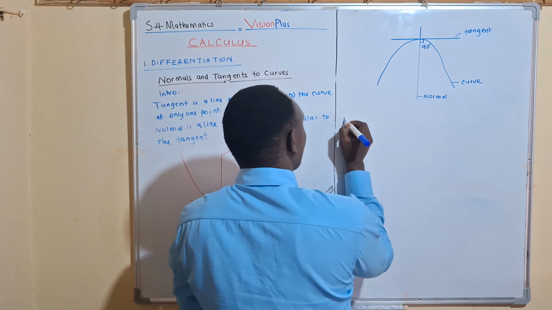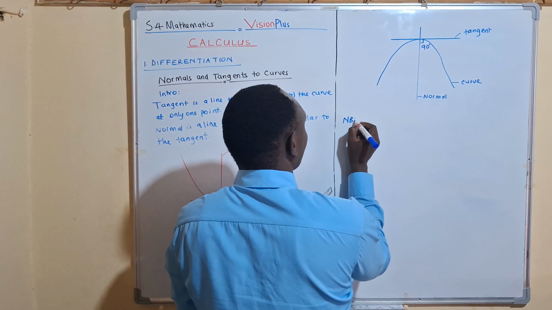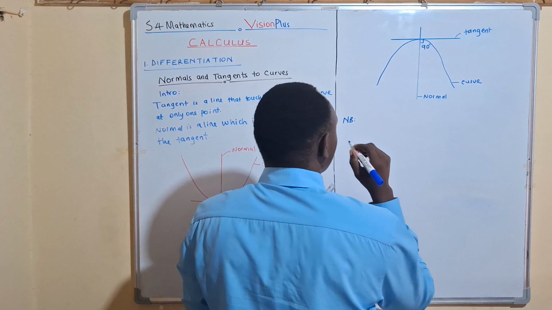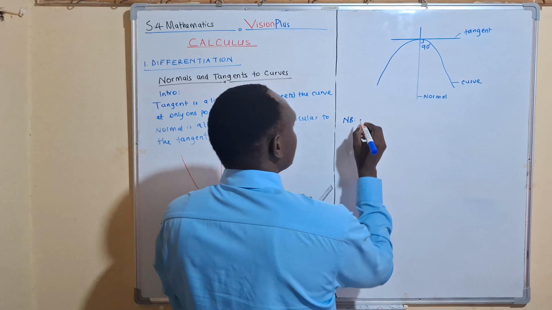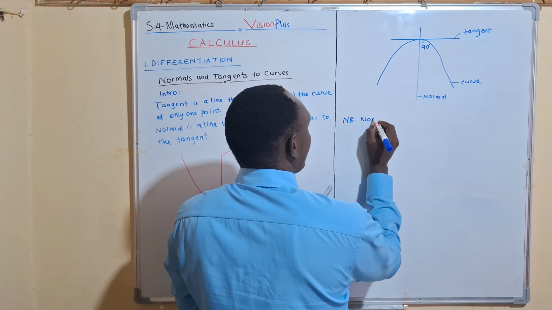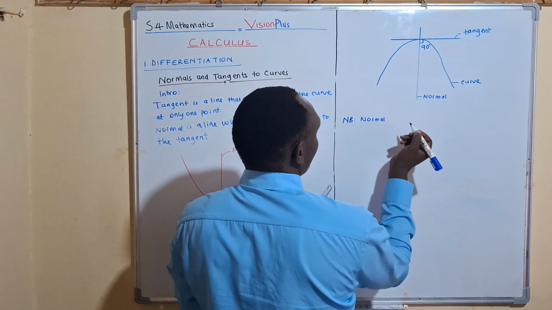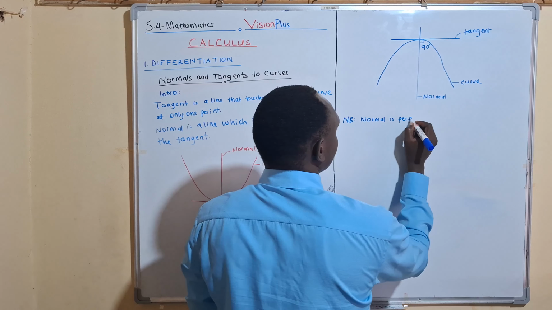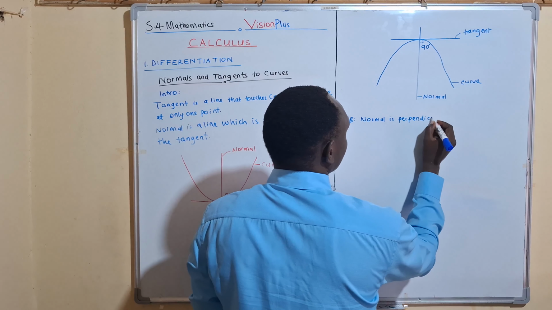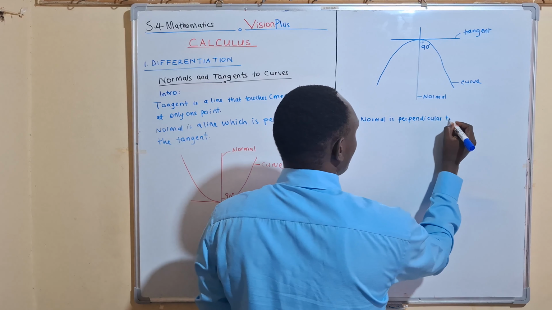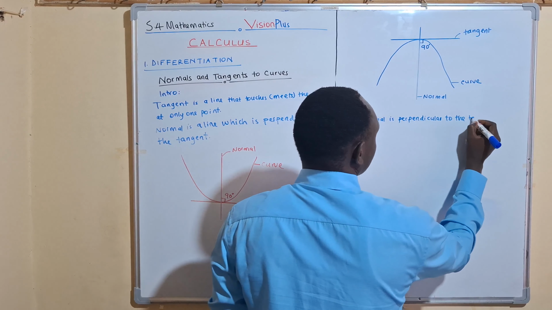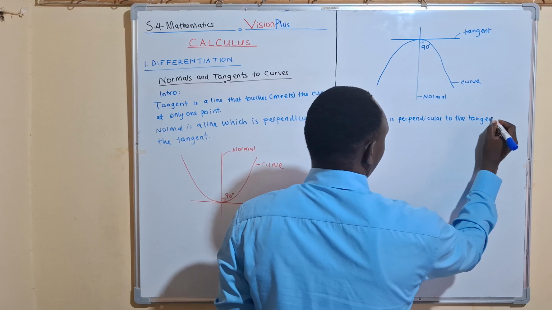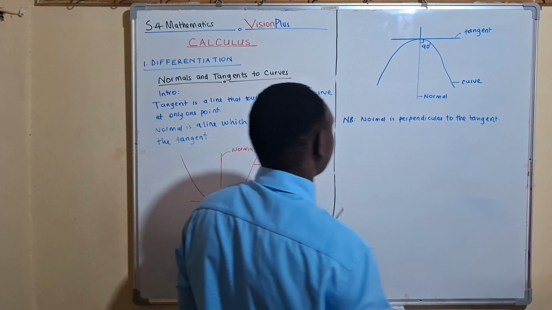So, what is our takeaway here? The takeaway, which is very important, is that the normal line, or the normal, is a line perpendicular to the tangent line, which is called the tangent. That is very important.